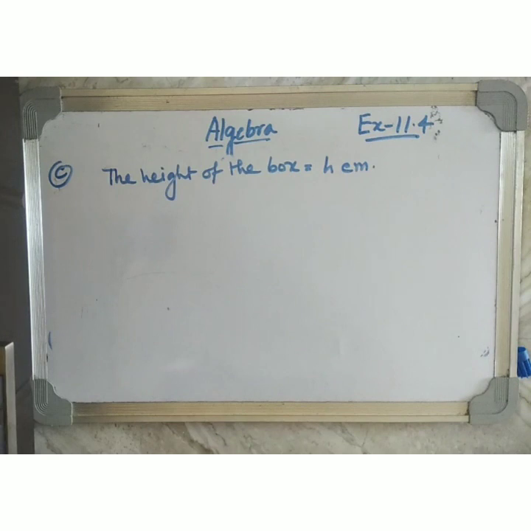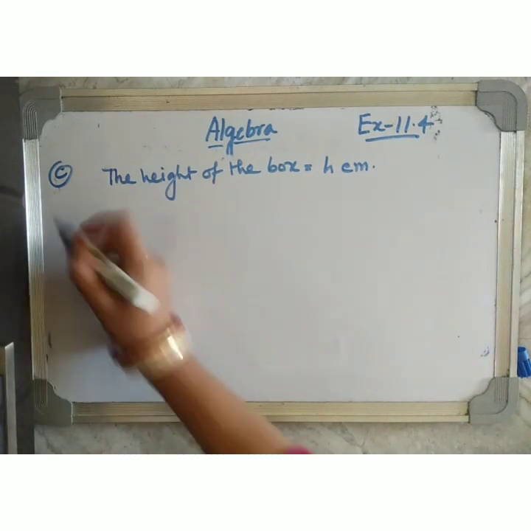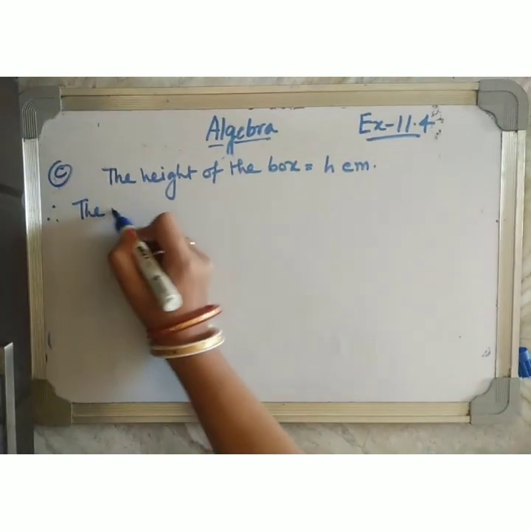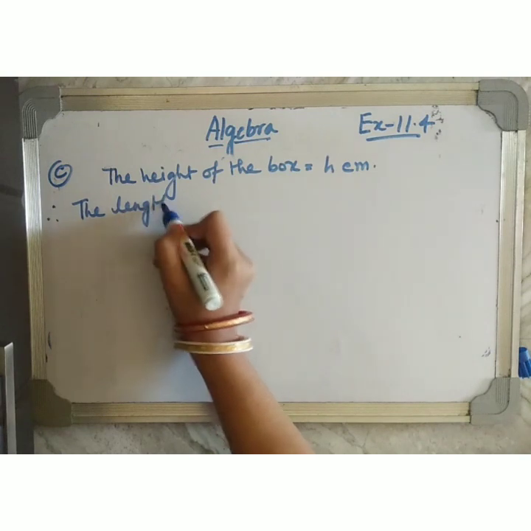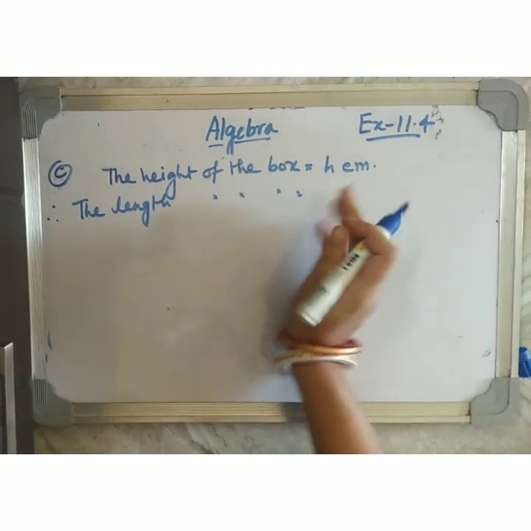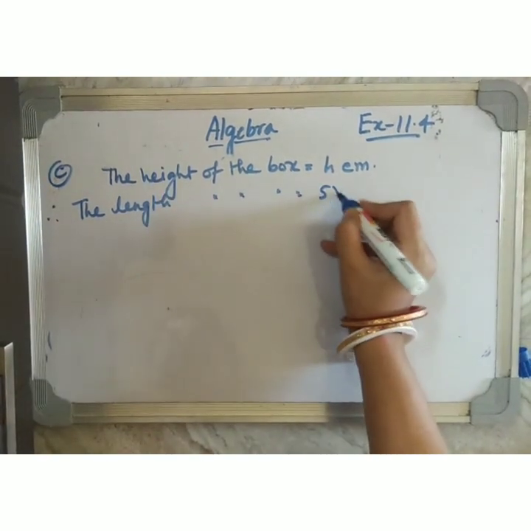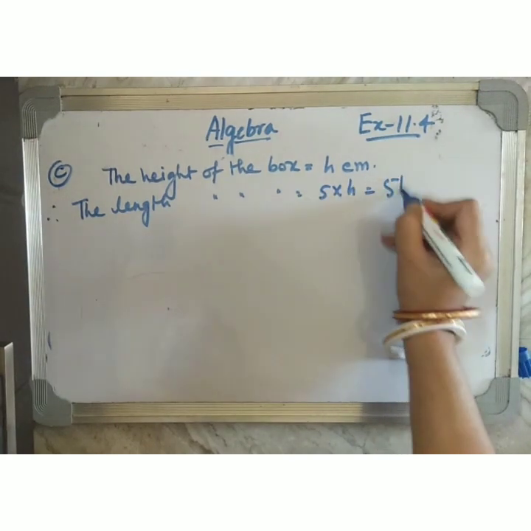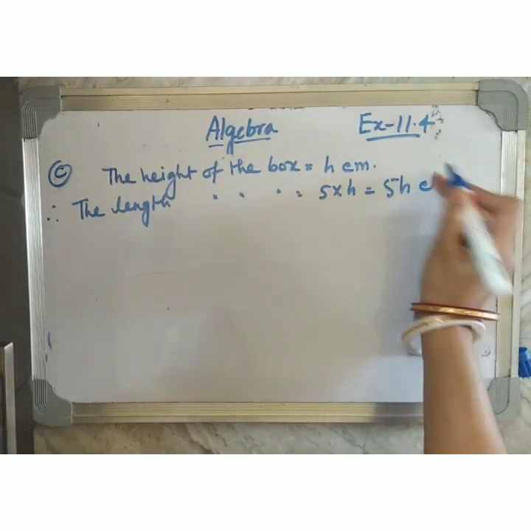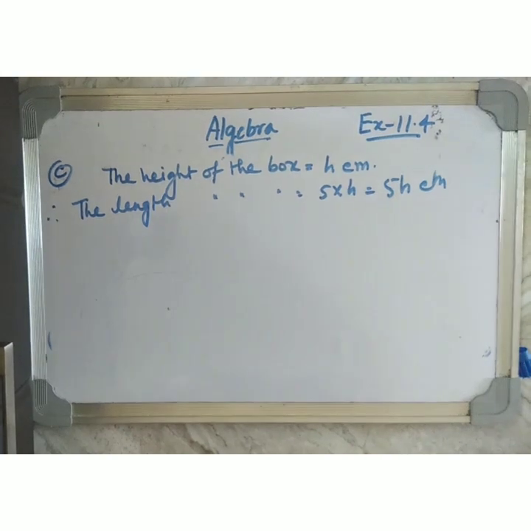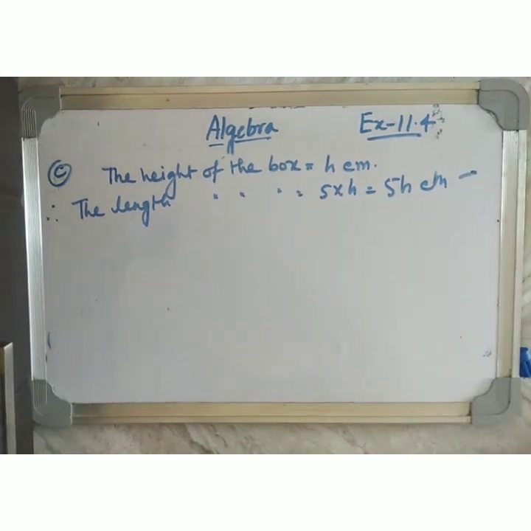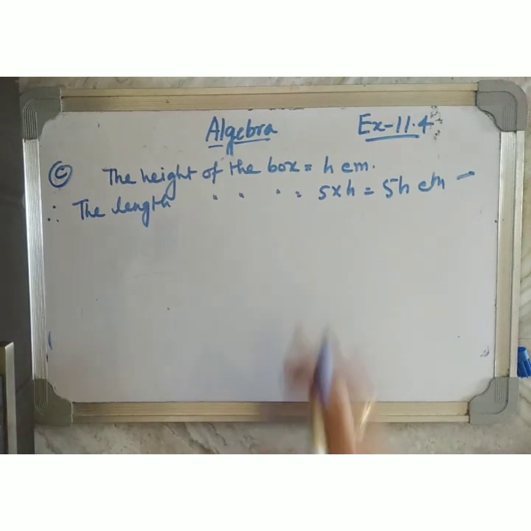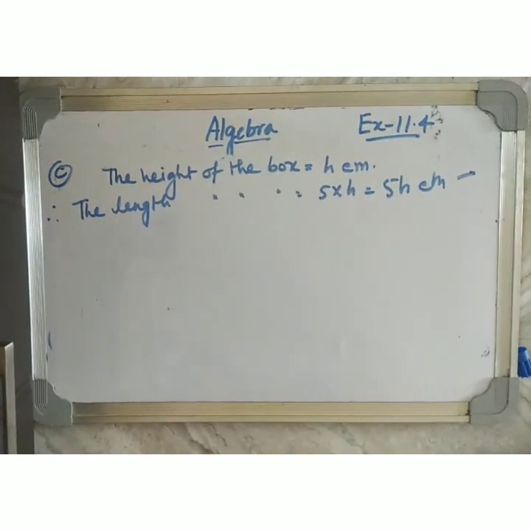Now its length is 5 times the height. Therefore the length of the box is 5 times the height, means 5 into h, that is 5h centimeter, and its breadth is 10 centimeter less than the length. So we have already got the length by multiplying the height by 5.